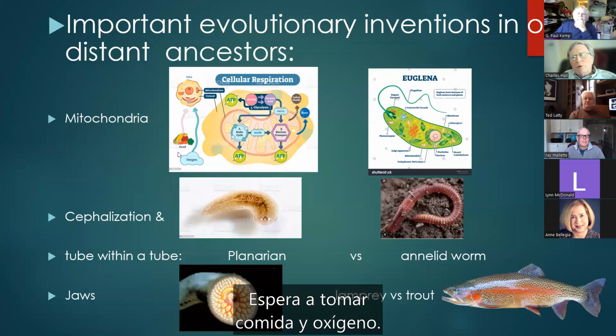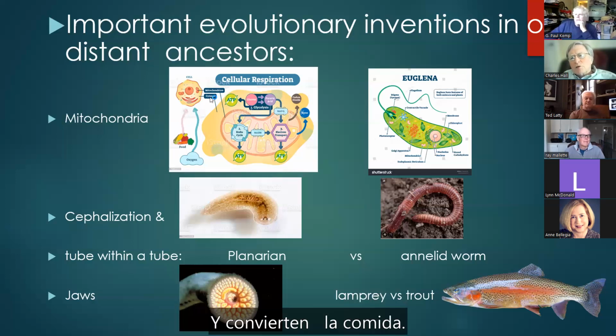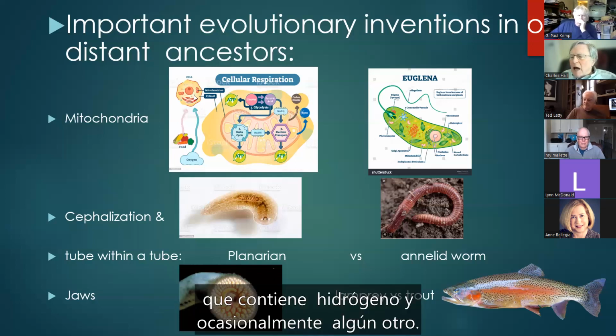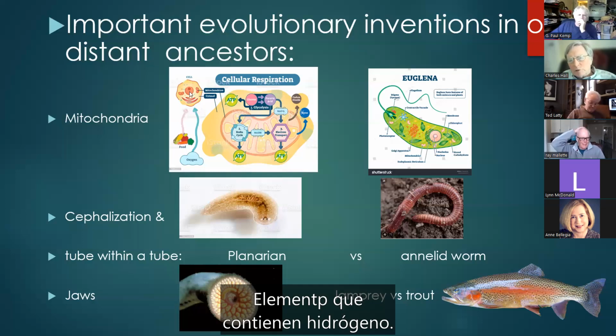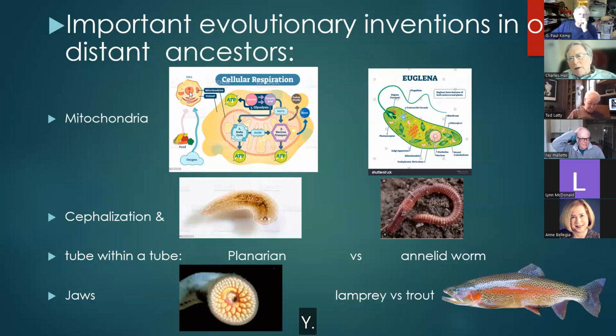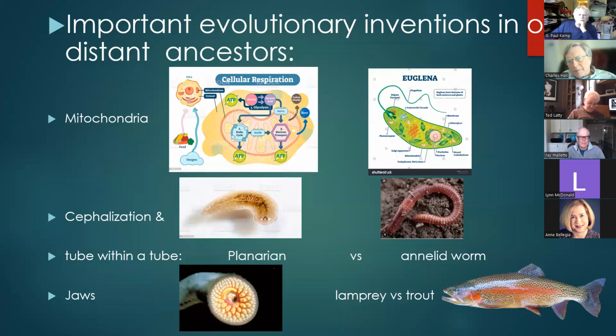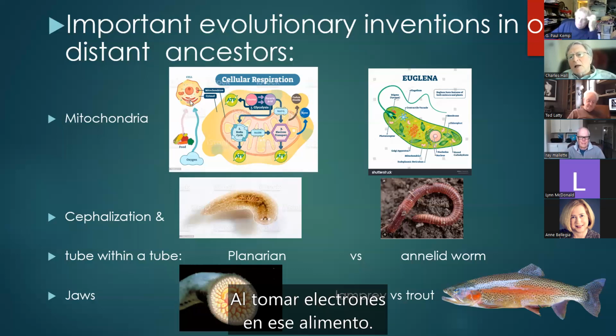They take food and they take oxygen and they turn the food from a reduced compound. Reduced means containing hydrogen, occasionally some other elements, but containing hydrogen and having an energy potential, and taking electrons in that food.